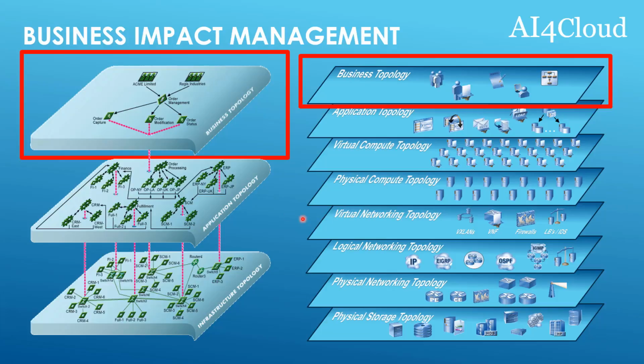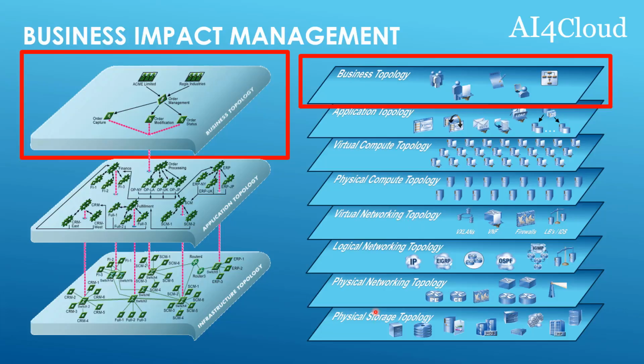That's a simplistic perspective, but we all know that with today's expanding network technologies, not only do we have the physical storage layer and the physical networking layer, and what we have traditionally known as a logical networking topology layer of VLANs, IP addresses, basic routing technologies, load balancing, etc., but overlaid over that physical infrastructure and logical networking infrastructure are virtual networking topologies like virtualized network functions, firewalls, load balancers, intrusion detection devices, and other types of virtualized networking functions.